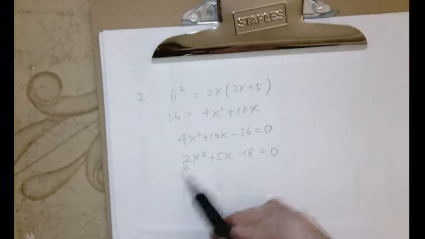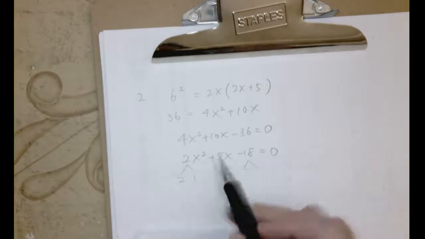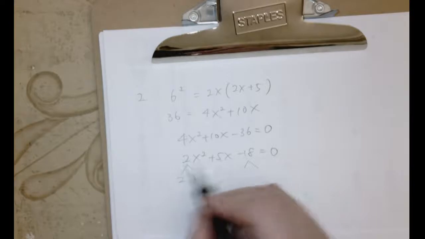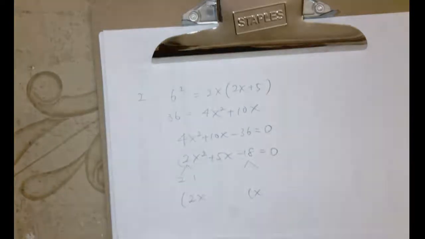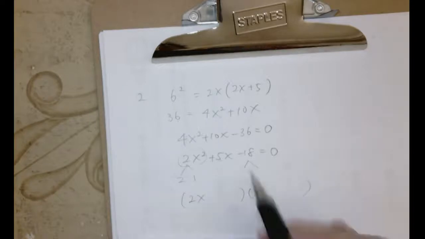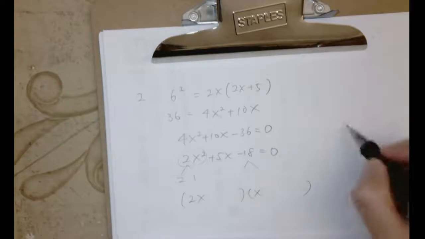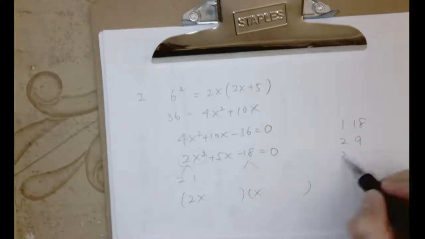We are looking for the factors of this one and this one to multiply to this, but I think you learned it this way. For this to be 2x squared, it has to be this, right? And then for it to be 18, it could be 1 and 18, 2 and 9, or 3 and 6.